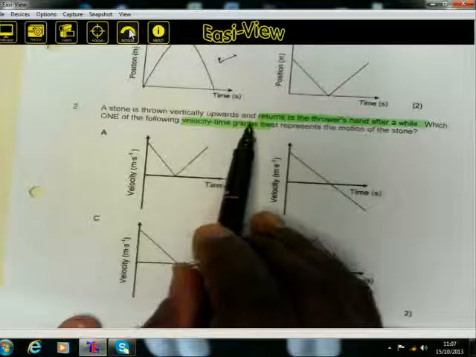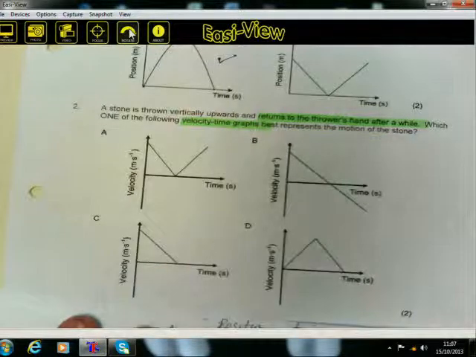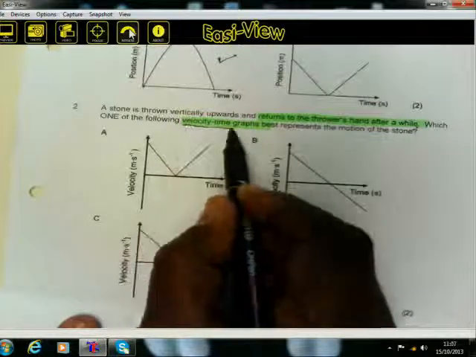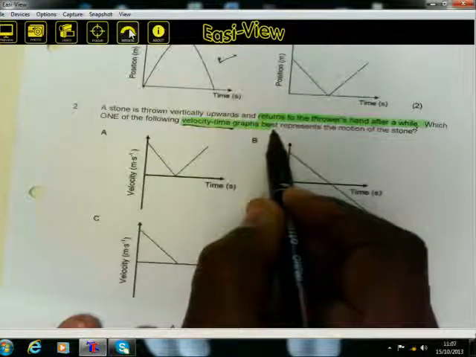Question 2. It says a stone is thrown vertically upwards and it returns to the thrower's hand after a while. It's thrown upwards and it comes back to the thrower's hand. Now they say which one of the following, we are looking at velocity time graph.